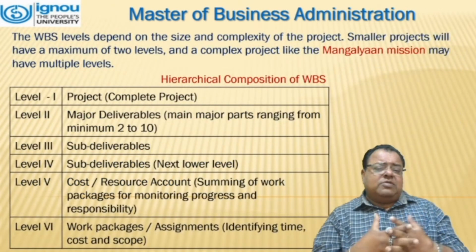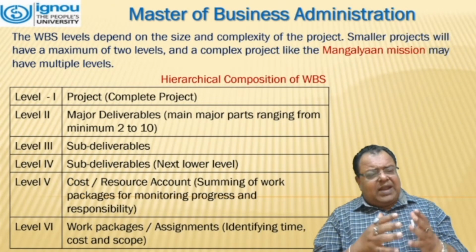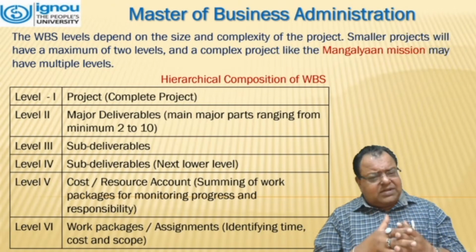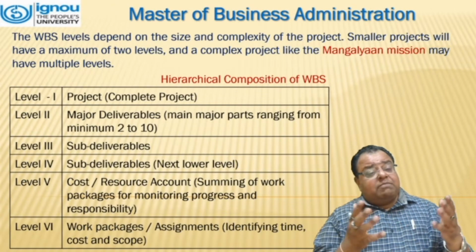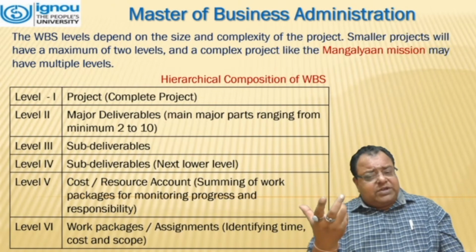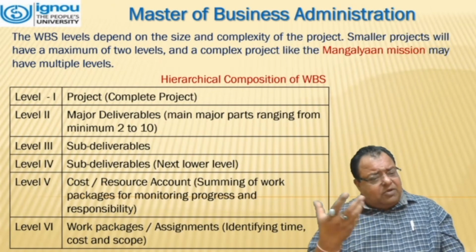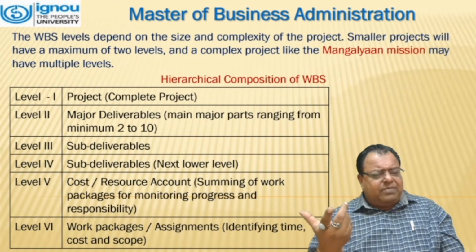WBS level depends on the size and complexity of the project. Smaller projects will have a maximum of two levels, and a complex project like the Mangalyaan mission may have multiple levels. So, how does this hierarchical composition of WBS work? Level 1 is project, that is the complete project.